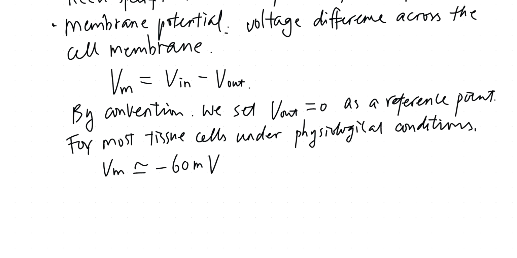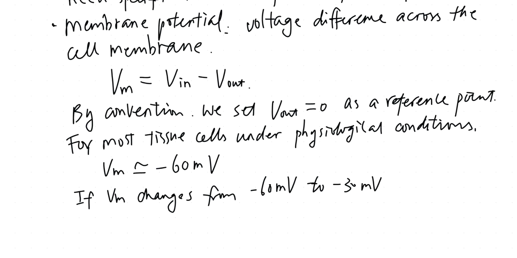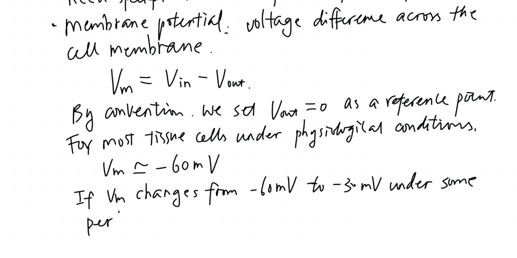Let me put down: if Vm changes from minus 60 millivolts to minus 30 millivolts under some environmental perturbation, this is a process called depolarization.